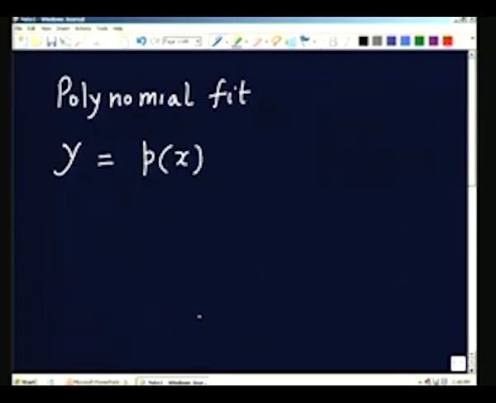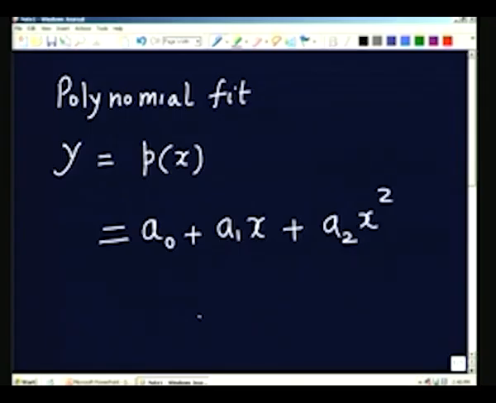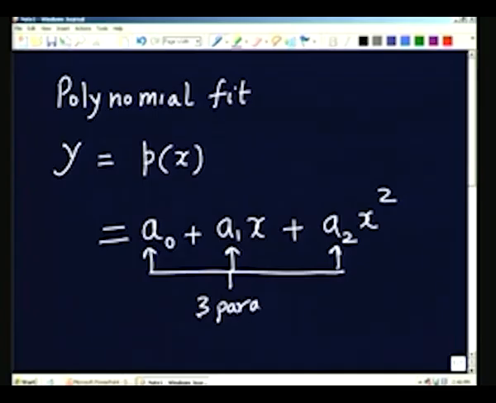A particularly simple example would be a quadratic which will be given by a naught plus a1 x plus a2 x squared. The three parameters which characterize the fit are these three parameters: a naught, a1 and a2.